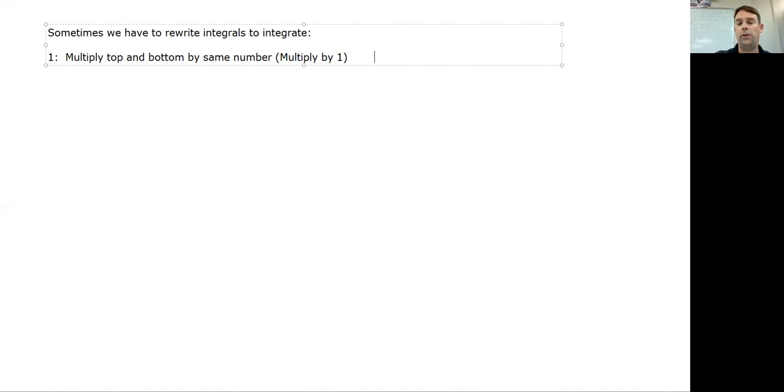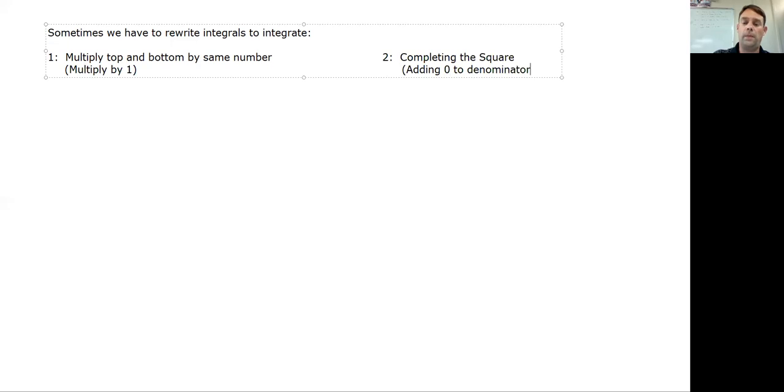And the second way we're going to be doing it is adding, or completing the square, which is really nothing more, when we complete the square, than adding 0 to our denominator. And I'm going to show you what I mean by that in 1 second. So if we come over here, I give you guys a couple integrals.